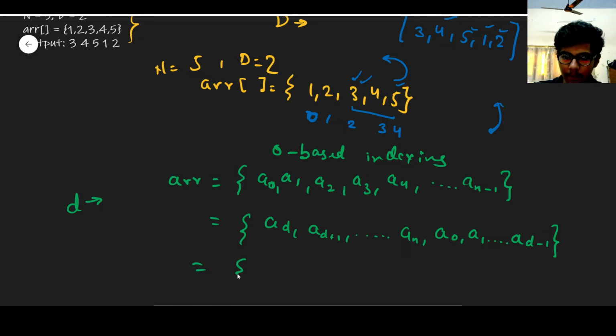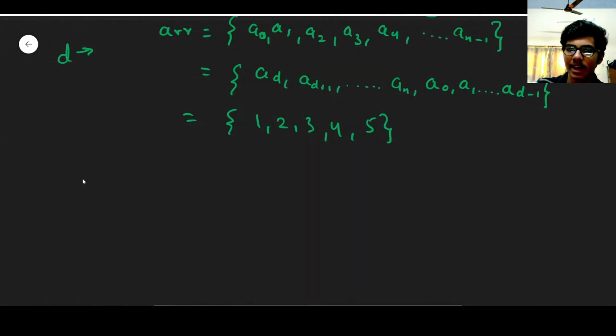So when I took the example 1, 2, 3, 4, 5, we had d equal to 2. So at the 0 based index, d will be 3 over here.